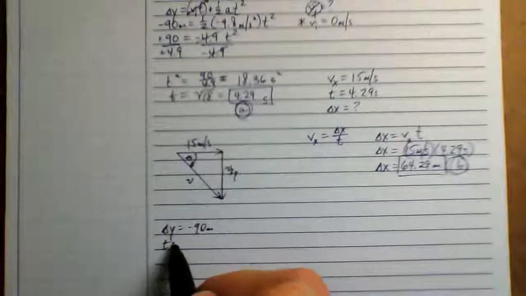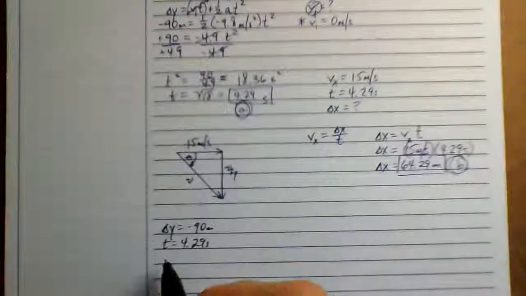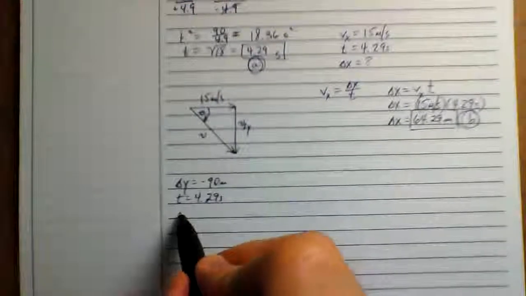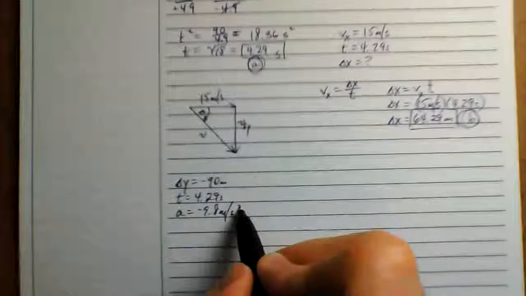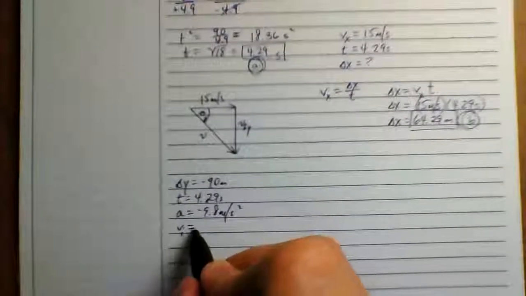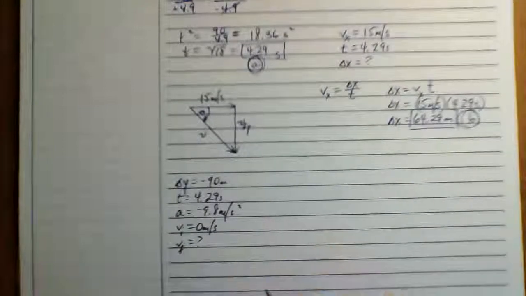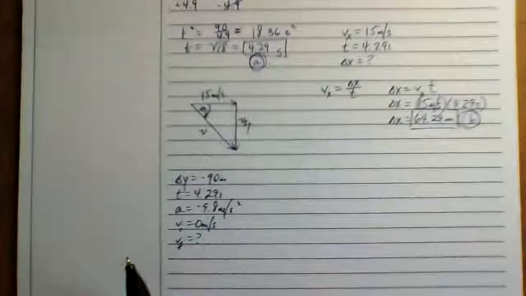Time I found in part A is 4.29 seconds, and I haven't cleared my calculator, so it's still hanging out in there. I also know that acceleration is negative 9.8 meters per second squared, and my initial velocity is 0 meters per second. And I'm looking for my final velocity. I can use any equation that has v sub f in it.